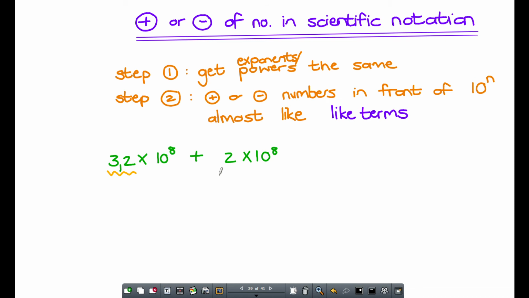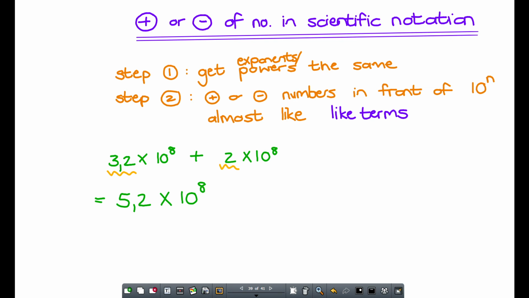So if I add the 3,2 and the 2, I'm going to have 5,2, and it stays 10 to the power of 8. That's why it's important that these must be the same, because then it's like terms.